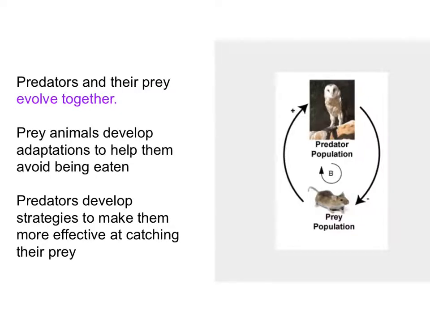Prey animals develop adaptations, so specific coloring or skills that are going to help them to avoid being eaten. Predators, on the other hand, are also going to evolve, and they're going to develop different strategies to make them better at catching their prey. So predators and prey have existed forever, and they keep evolving as time goes on.